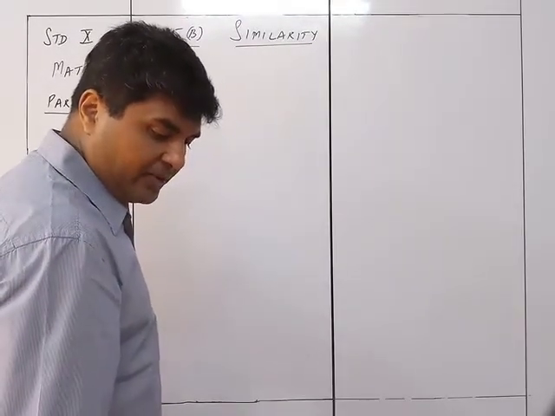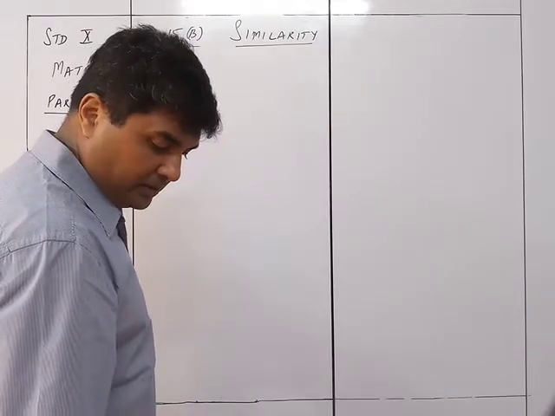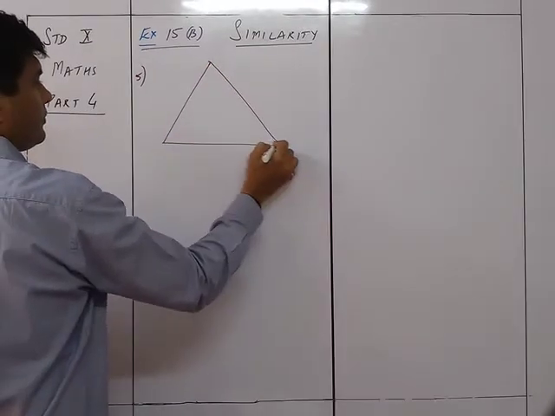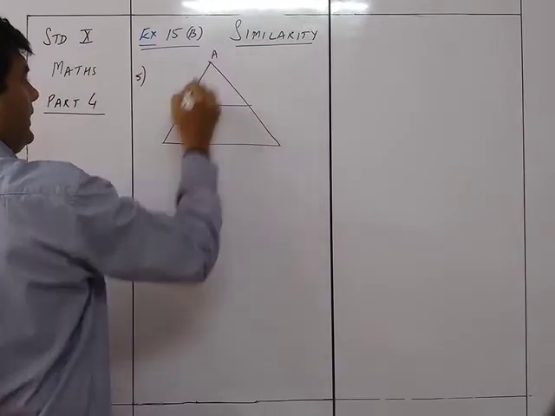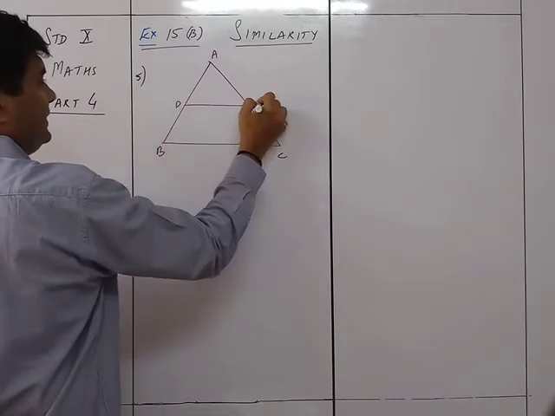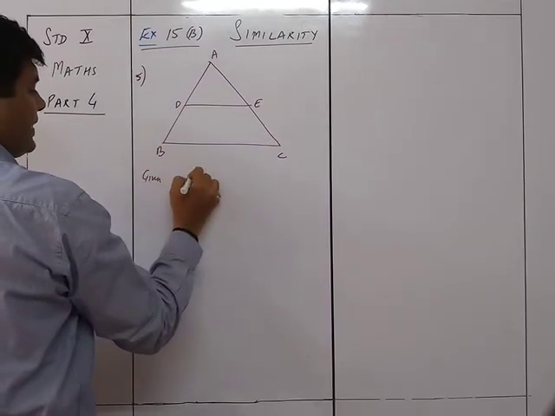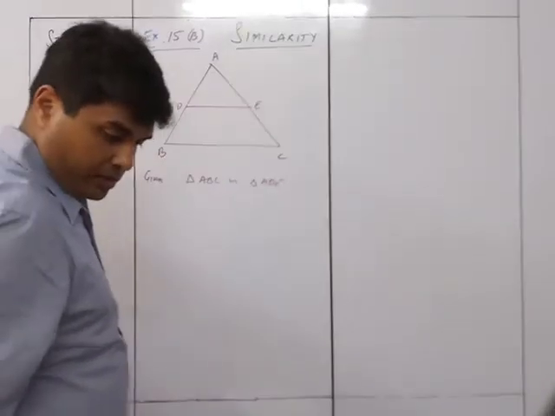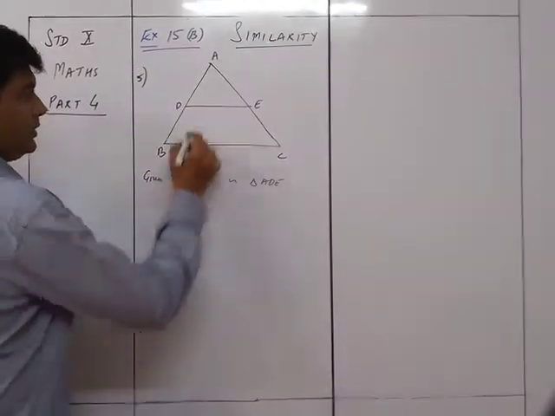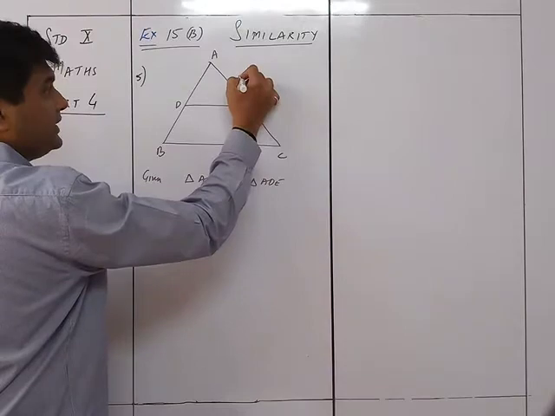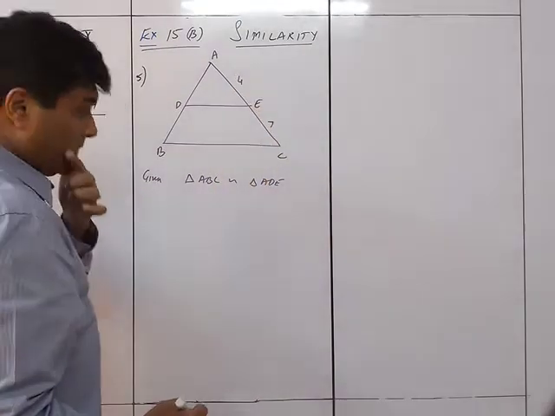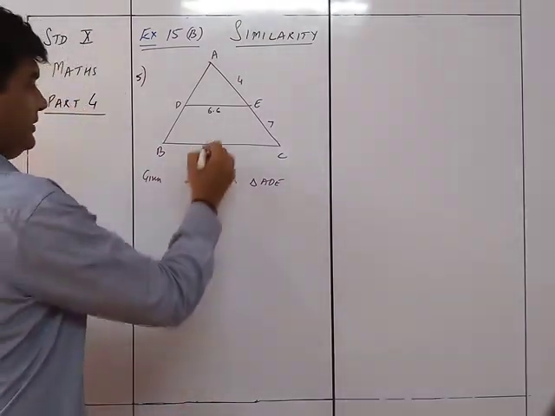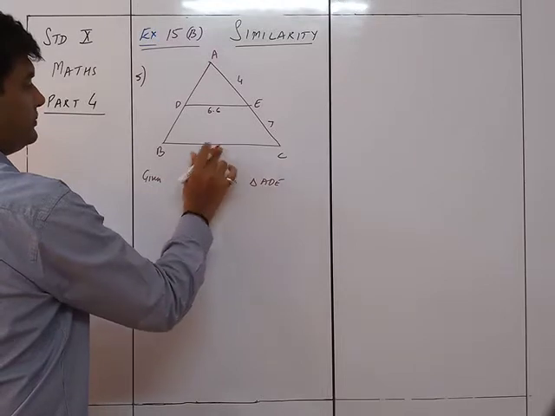In the given figure, triangle ABC is similar to triangle ADE. So it's already given that it's similar. Given triangle ABC similar to triangle ADE, if AE is to EC is 4:7 and DE is 6.6, find BC.